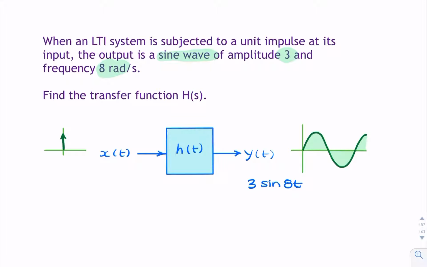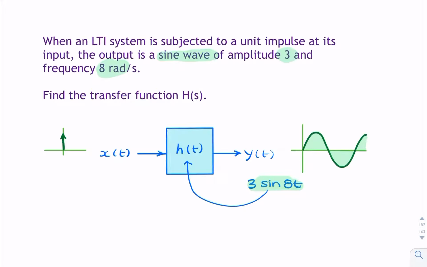Because we know that the input is an impulse function, we know that the output is also the impulse response. So by definition, when the input is a unit impulse, the output is called the impulse response. So the question is asking for the transfer function h of s.